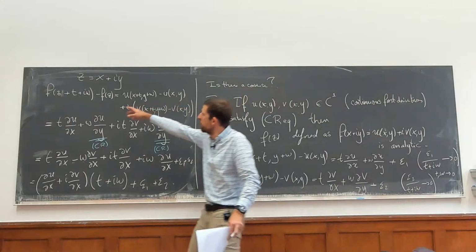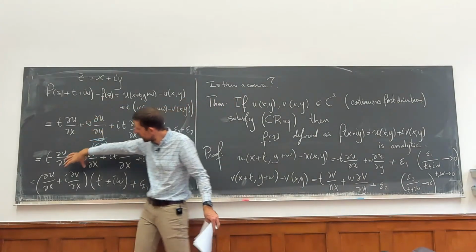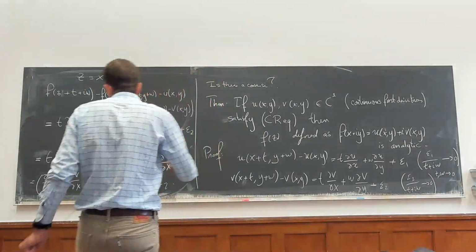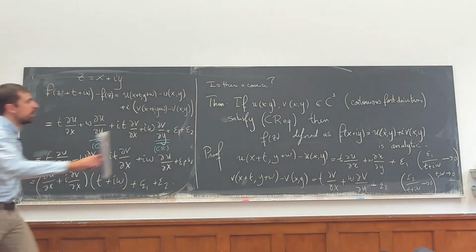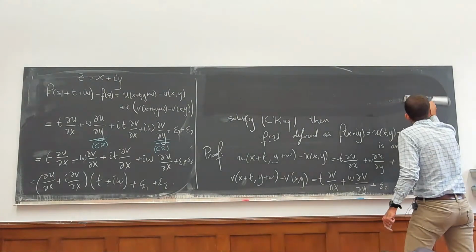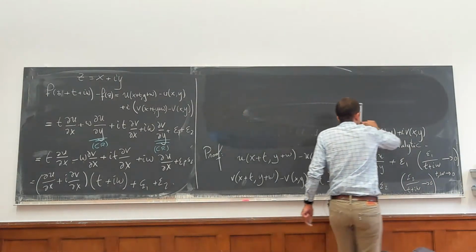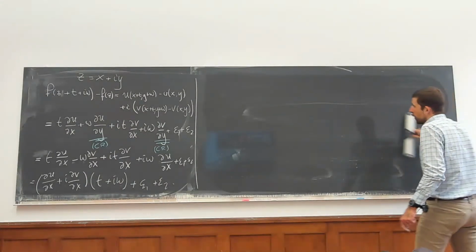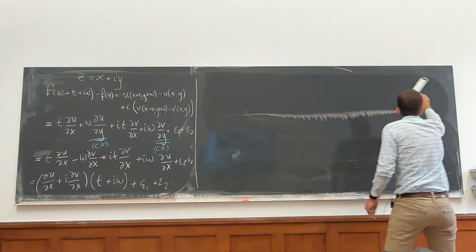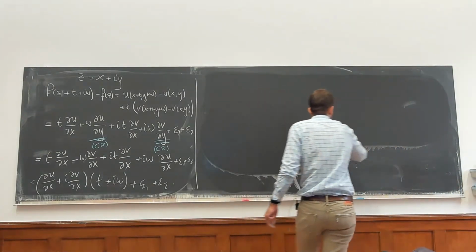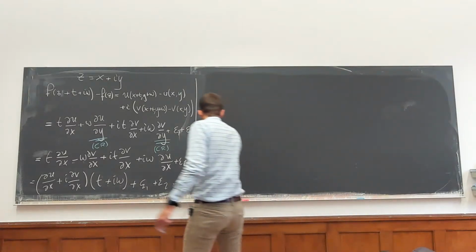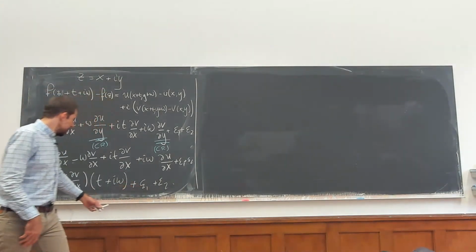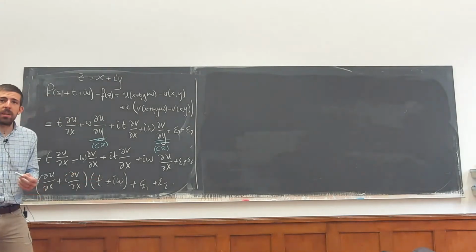So basically I have what I need, because now the difference of the function is given by the derivative times the size of the differential in any input. Let me just do this last step. Again, remember, these go to 0 faster than t plus iw goes to 0.